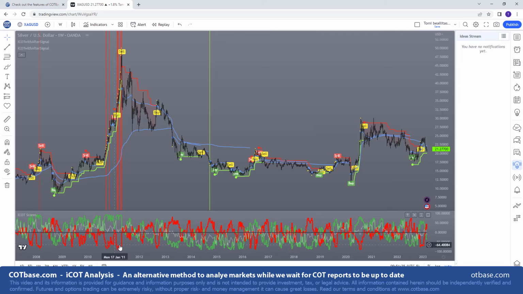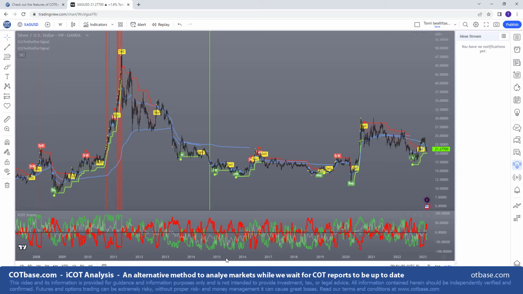You can see that the indicator is pretty accurately showing major shifts in the trend. We've got this huge top around $50, and you can see that we are getting bearish extremes. I almost said COT extremes, but I mean iCOT extremes.